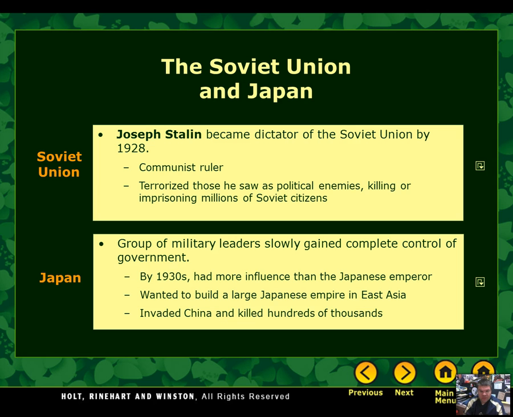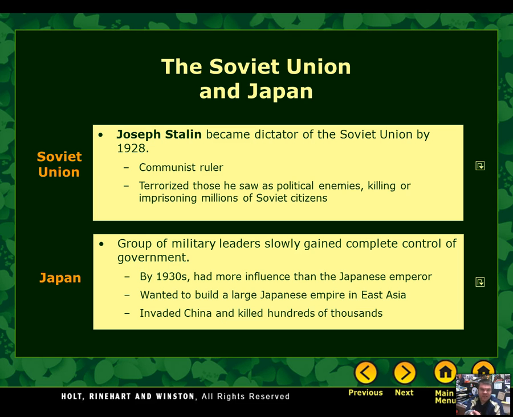And so although the emperor is in charge, they kept the emperor secluded and only told him certain things to keep him making the decisions that they wanted him to make. By the 1930s, the military leaders had more influence than the Japanese emperor. They wanted to build a large Japanese empire in East Asia.